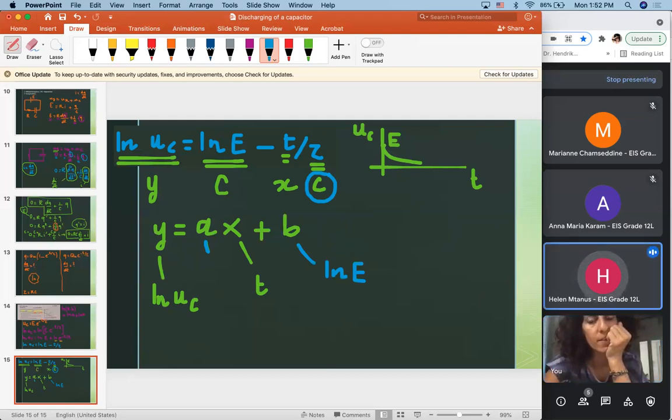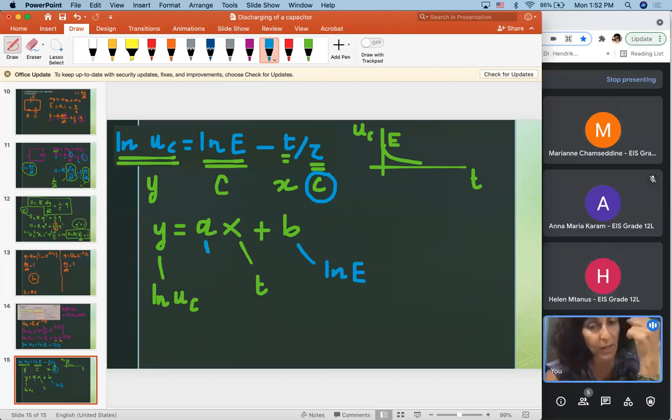You mean A is tau? You're close. It's not equal to tau. It's 1, and something is missing: minus 1 over tau.